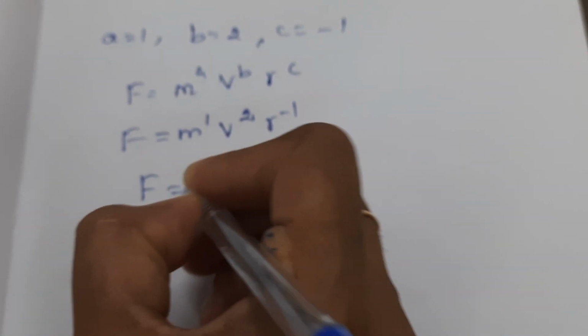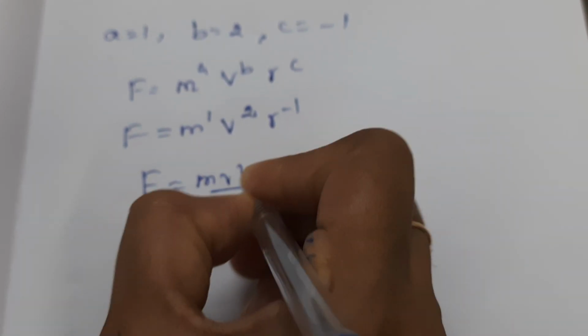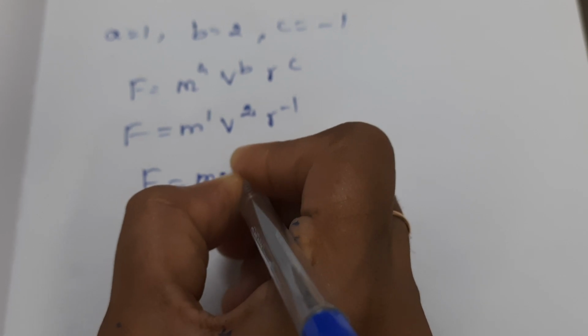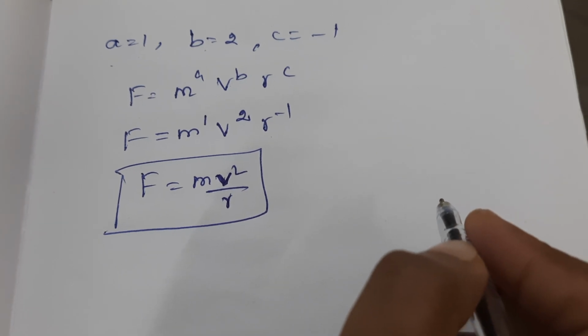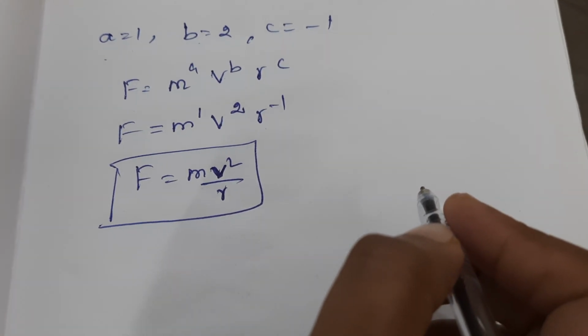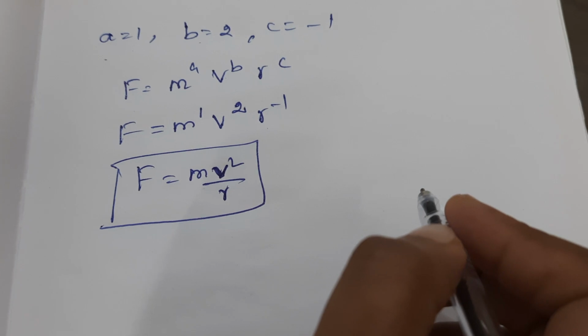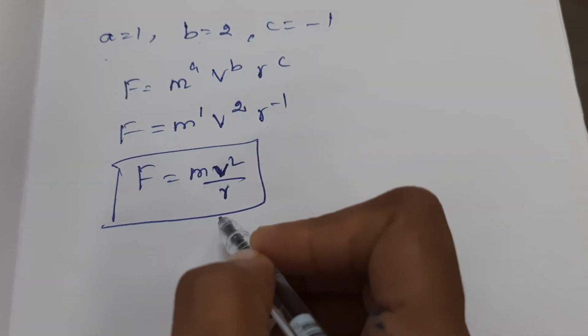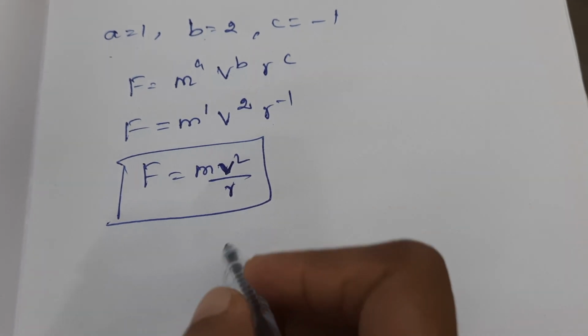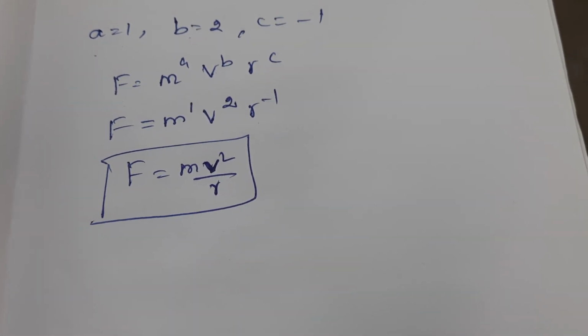That can be written as F equal to mv square by r. So this is the expression for the force acting on a body moving in a circular path. It is the centripetal force, F is equal to mv square by r. Students, you practice these problems and learn well.